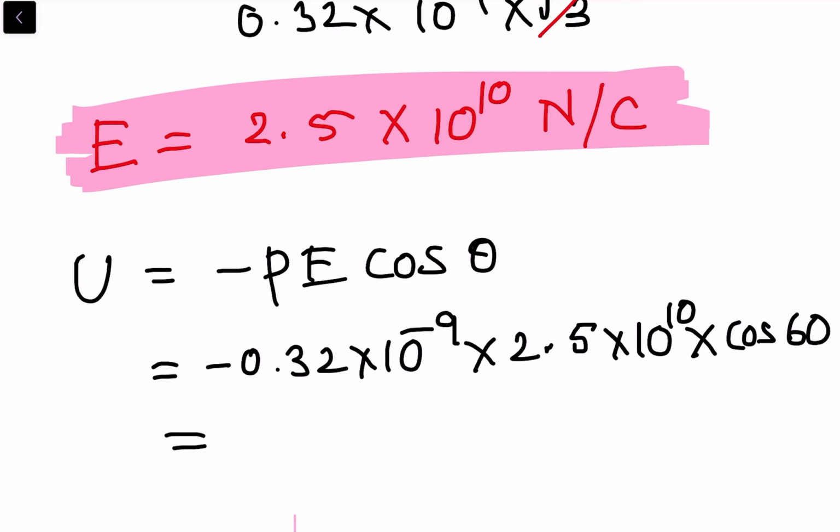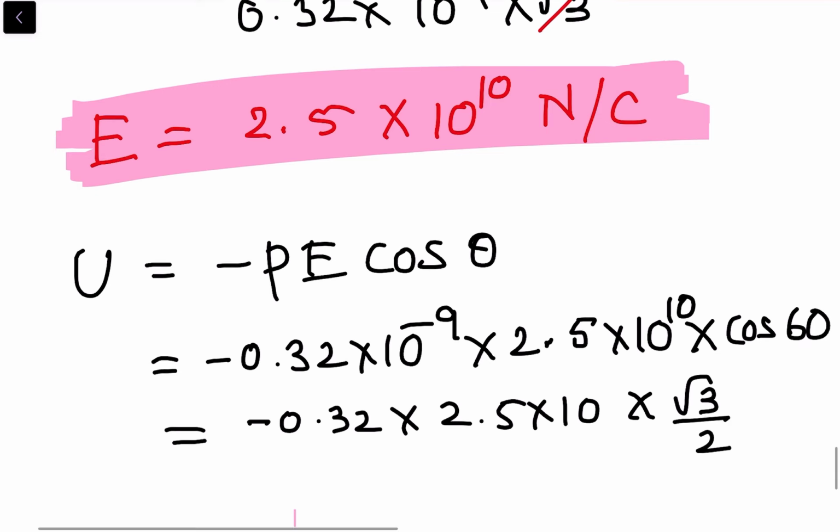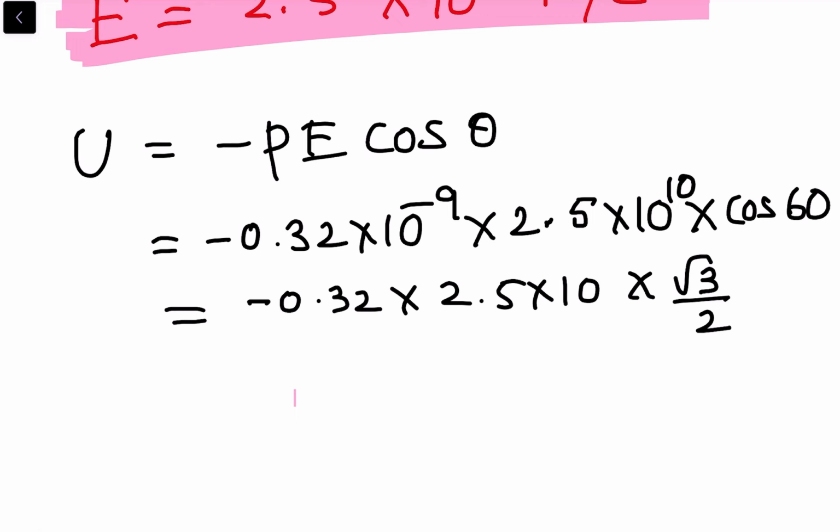Then we get minus 0.32 into 2.5 into 10, because 10^10 times 10^-9 becomes 10. Cos 60 is 1 by 2. Once you simplify, because simplifying here takes quite a long time, finally you will get the answer, minus 4 joules.